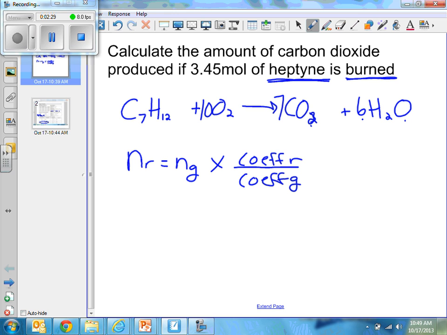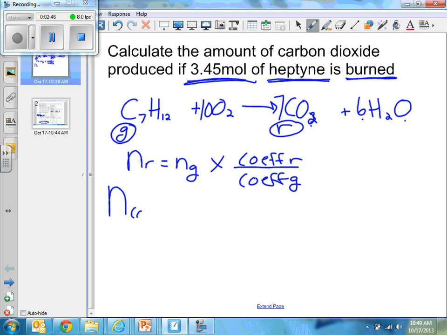Okay, number of moles of my required, it's asking for how much carbon dioxide is produced. This is my required. I'm given 3.45 moles of heptane. So this is my given.